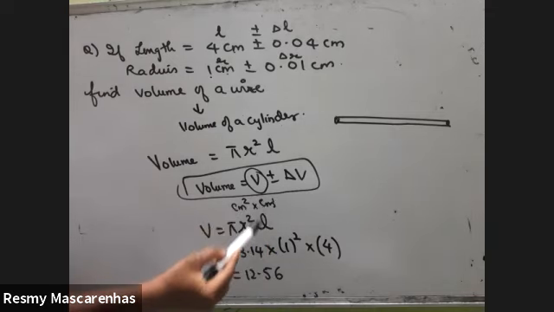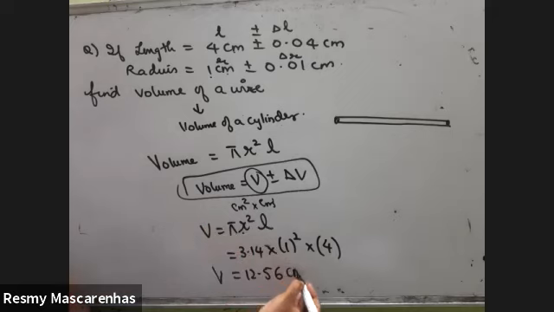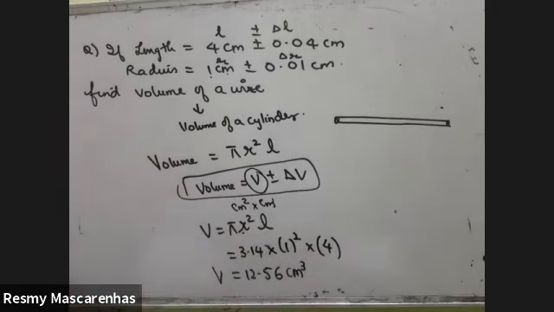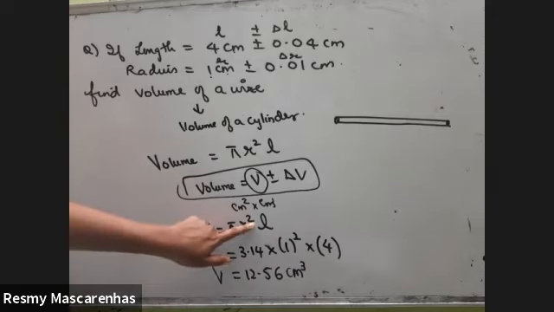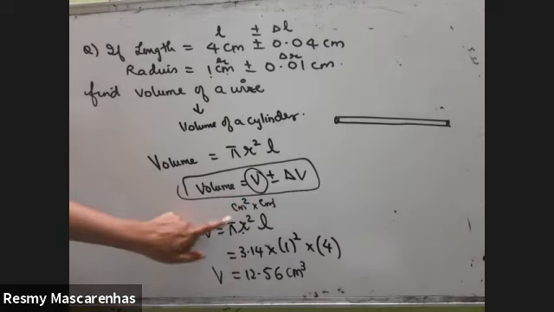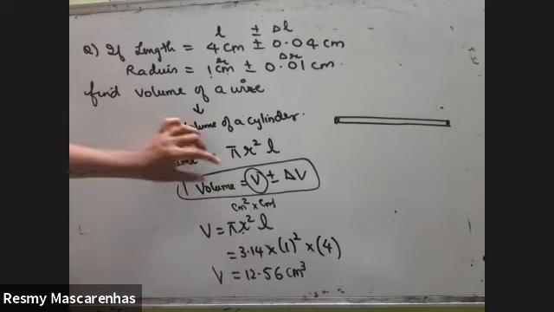So 2 plus 1 will give me centimeter cube, as we know that for volume it's always cube. Pi doesn't have a unit. It's a pure number, so that will not have a unit. So we got the first part.